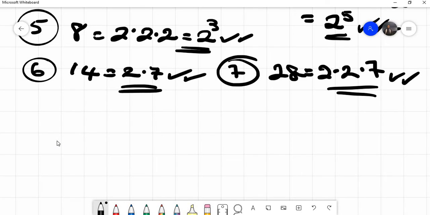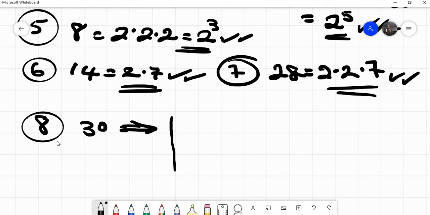So prime factors are very, very easy. Example 8, we're given 30 and asked for its prime factors. This one I'm going to do a little bit differently. If we don't know 30, we're going to use long division.